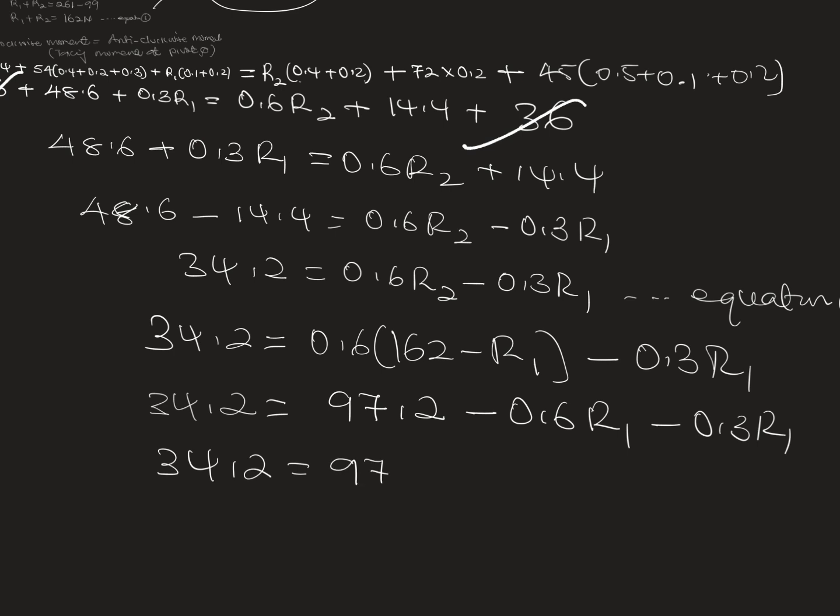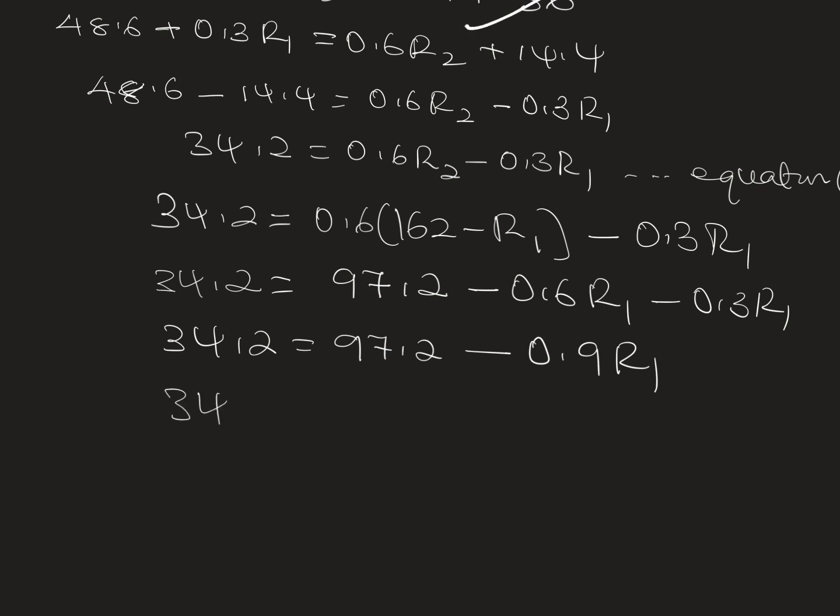That will be minus 0.9 R1. Collecting like terms, 34.2 minus 97.2 is equal to minus 0.9 R1, so we have minus 63 is equal to minus 0.9 R1.